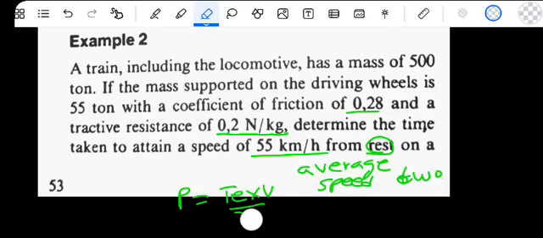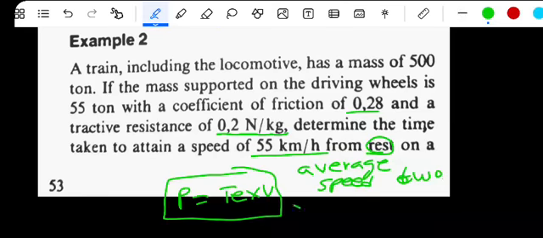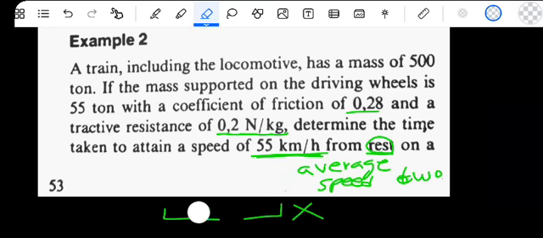If you use this, you'll be wrong. This must be for constant speed, but here we have an average between two velocities, which is not a constant speed. So if you don't have a constant speed, do not use this formula, or rather multiply by a distance. Do not use this, you'll be dismally wrong.